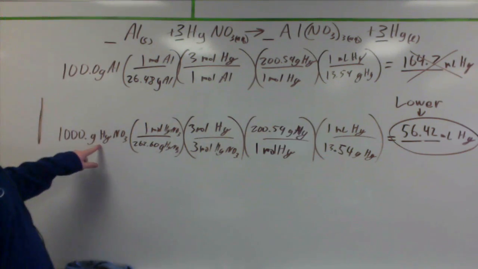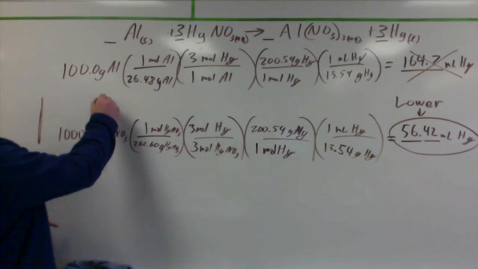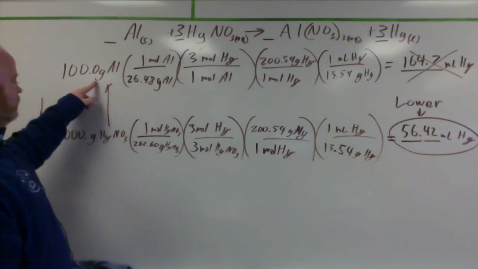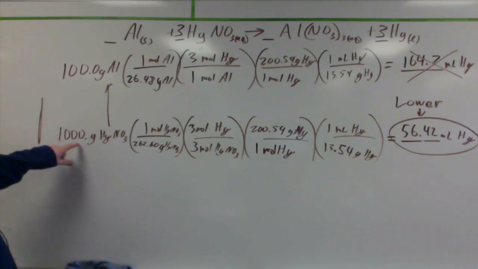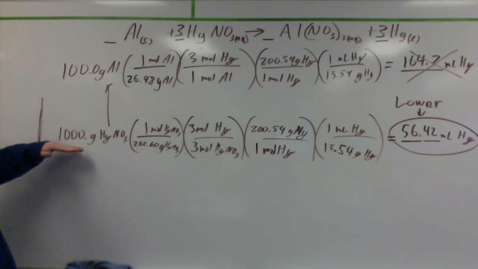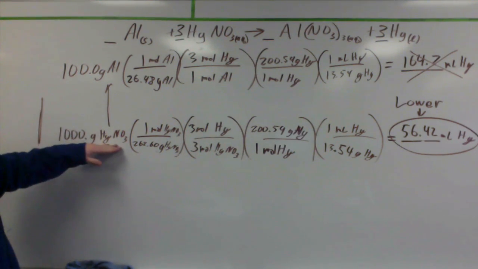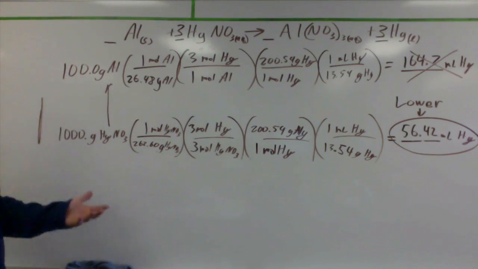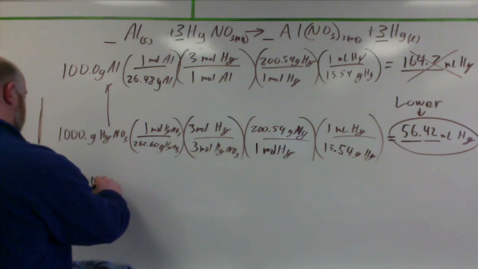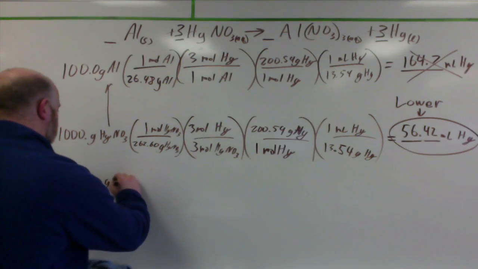For my purposes, I want to start with this number and solve towards aluminum. So what I'm basically saying is, if I used 1,000 grams of mercury nitrate, how many grams of aluminum should I have used to match up? Again, the math is not new.